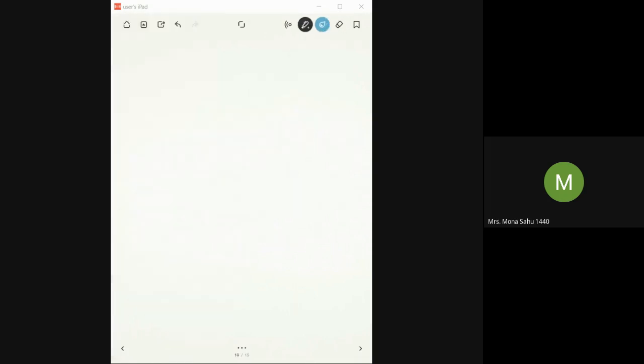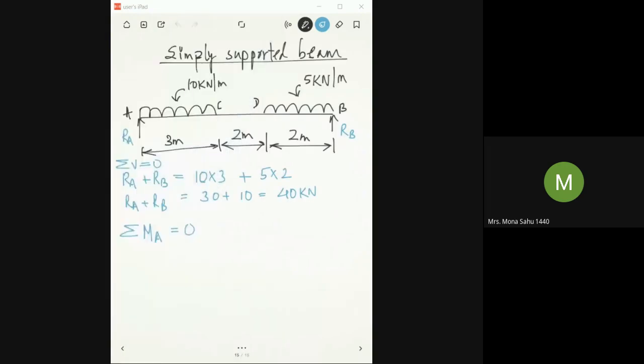So first, first load is, let's take RB, we'll go from right to left. So RB multiplied by 7, okay, 3 plus 2 plus 2, and that is in this direction. So what is this direction?